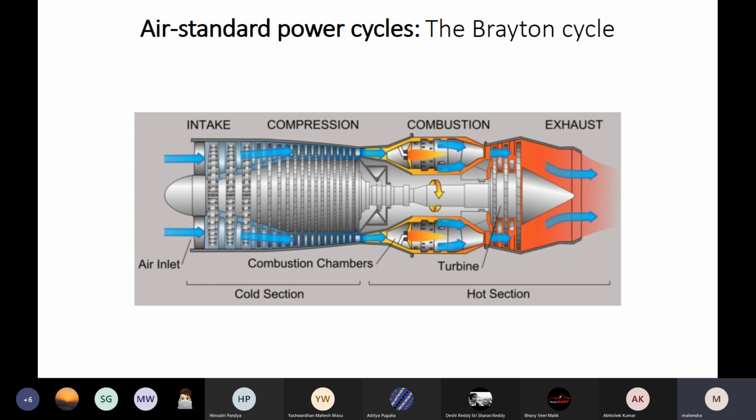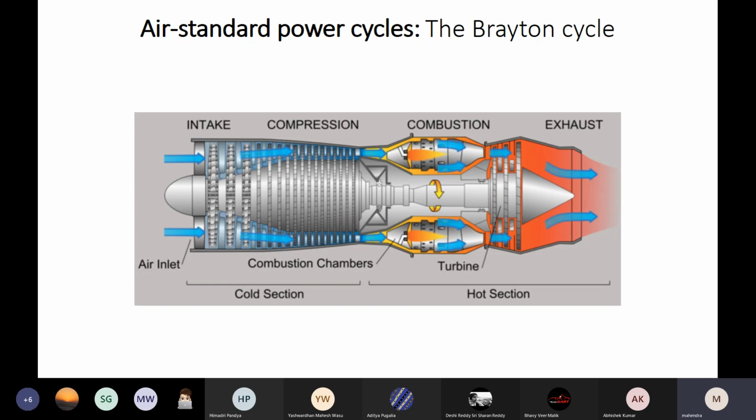Then the rest of the energy, the enthalpy in the combustion gases, is further expanded in the nozzle. When expanding in the nozzle, it generates thrust, and because of the thrust your aircraft moves forward.